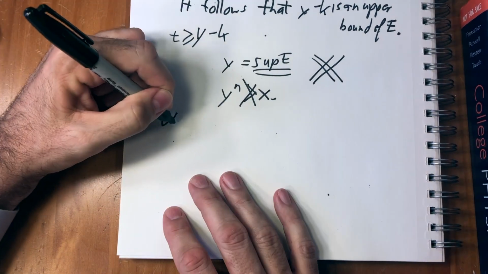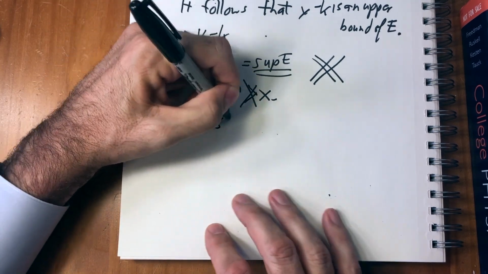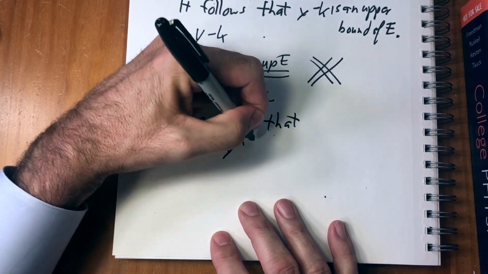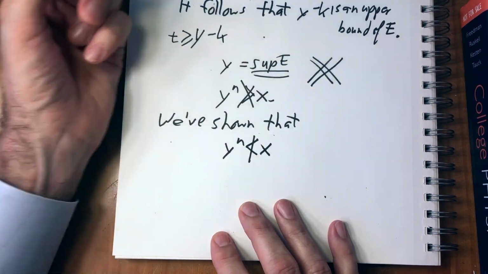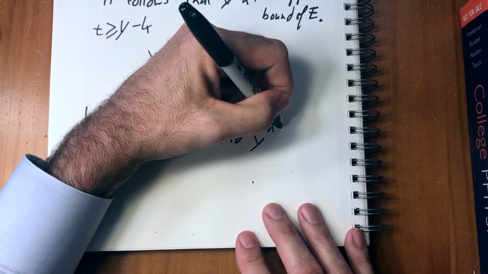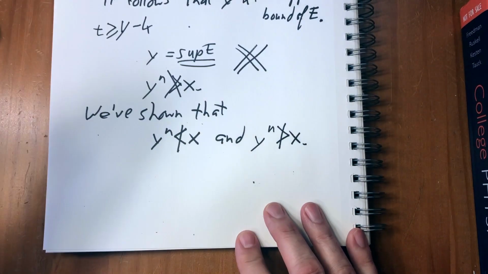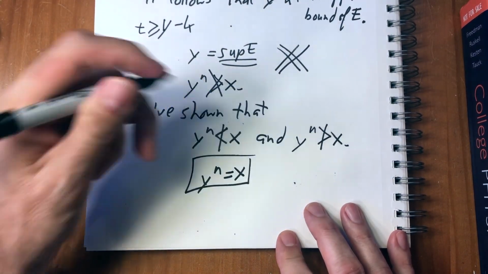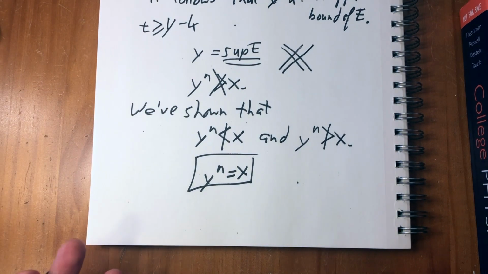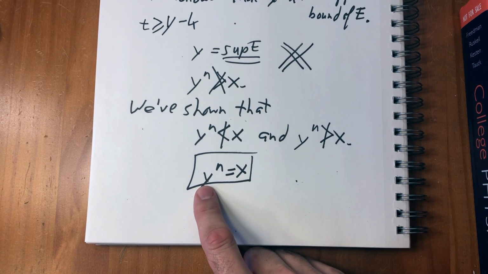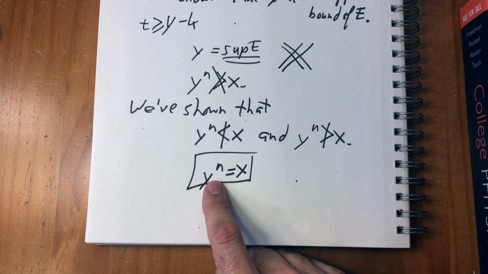So we're done. We've shown that y to the n cannot be less than x, and y to the n cannot be greater than x. There's only one possibility left, which is that y to the n equals x. So what did we arrive at? What have we done here? We've shown that every positive real has a positive nth root, no matter what n is.